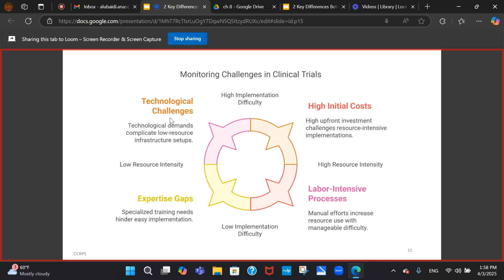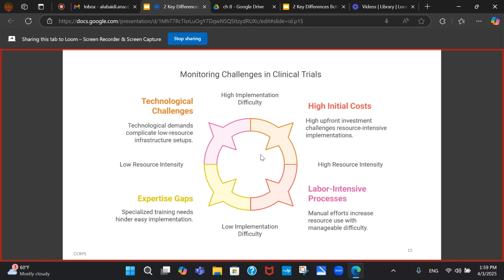Technological challenges, technological demands complicate low resource infrastructure setups, high initial costs, high upfront investment challenges, resource intensive implementations, expertise gaps, specialized training needs hinder easy implementation, labor intensive processes, manual efforts increase resource use with manageable difficulty. So this is a nice diagram in order to simplify what we spoke about.